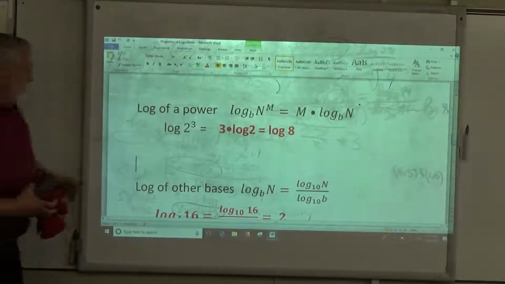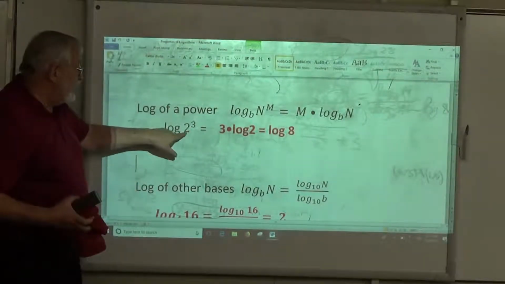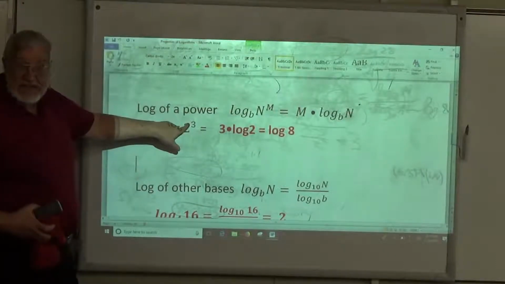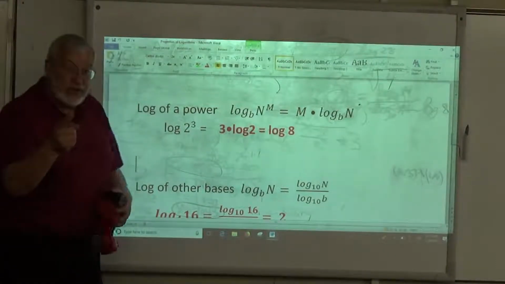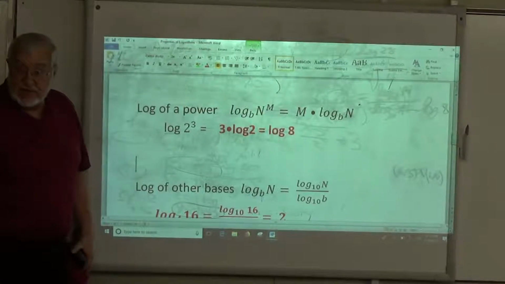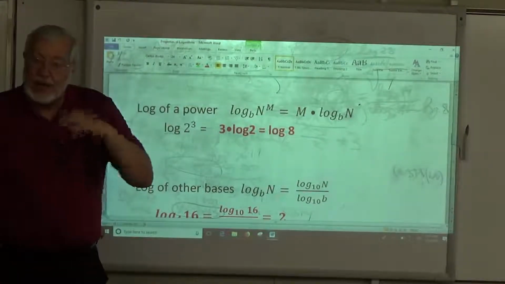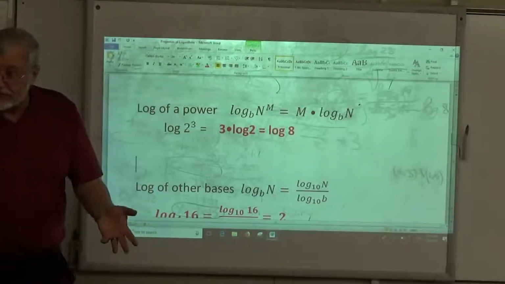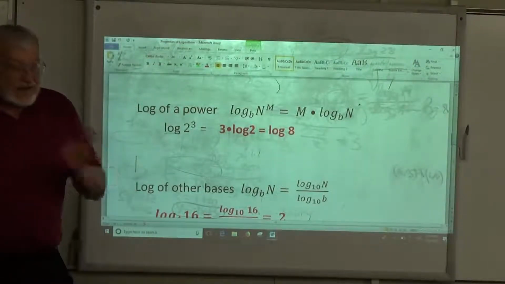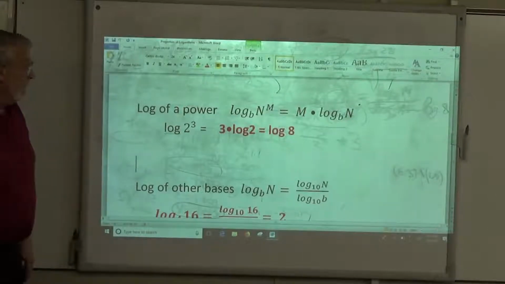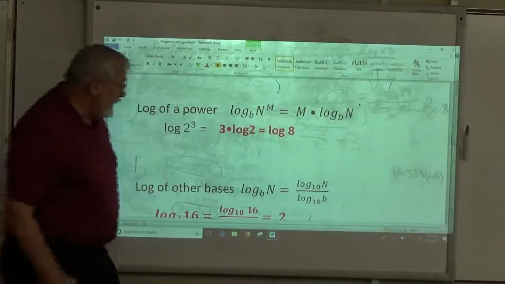So this becomes 3 log of 2, because what is this number? This is 8, which is 2 times 2 times 2. So I'm going to add the log of 2 plus the log of 2 plus the log of 2, and the faster way to do that is 3 times it.